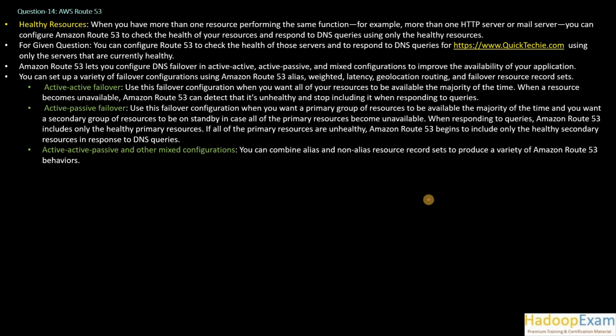You can use ELB for such things as well, but this is specifically for Amazon Route 53. When you have more than one resource performing some function, for example hosting a website on an HTTP server or a mail server, you can configure Amazon Route 53 to check the health of the resources and respond to DNS queries using only the healthy resources.